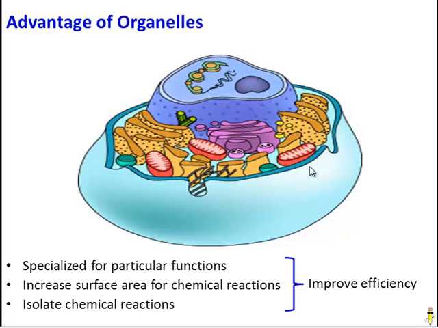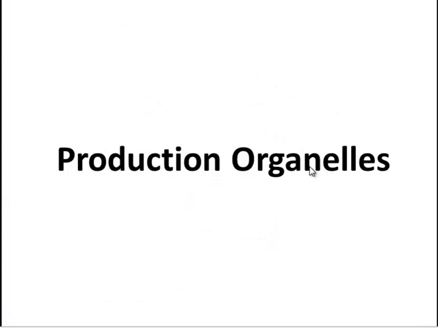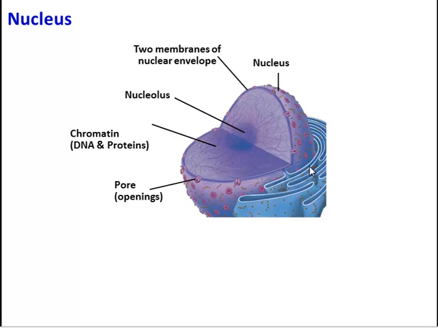So let's take a look at the various organelles we would find in a eukaryotic cell. The first group of organelles are all related to production, primarily production of proteins, but some other things as well. So this all begins in the nucleus, which we're pretty familiar with. The nucleus has the hereditary information, or DNA, inside of it.